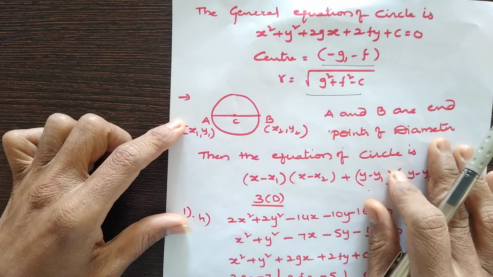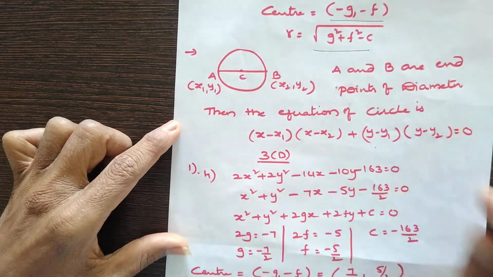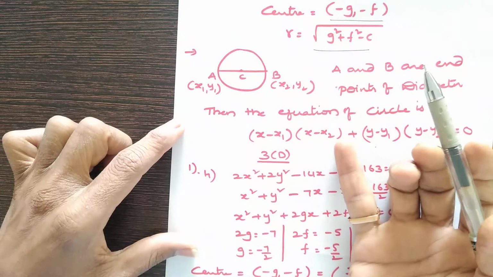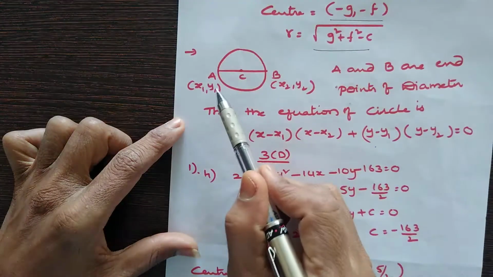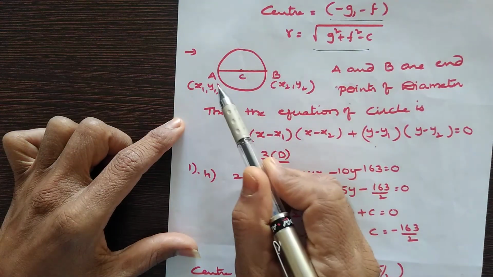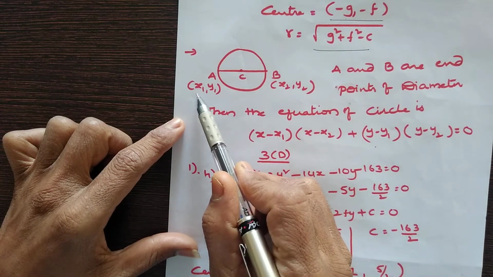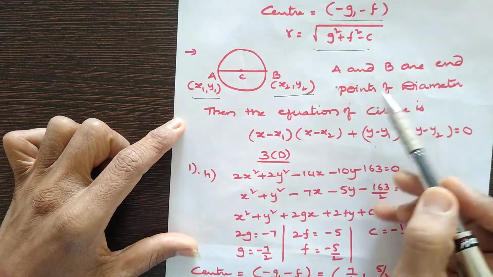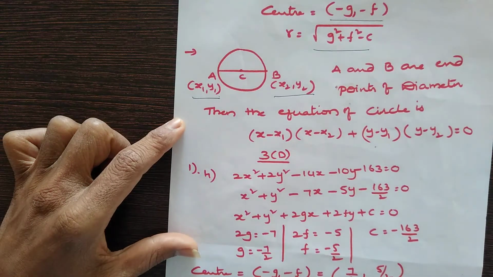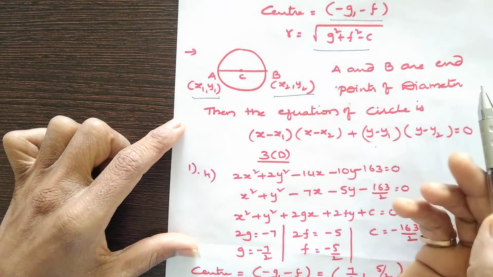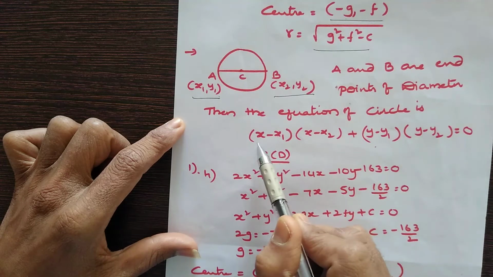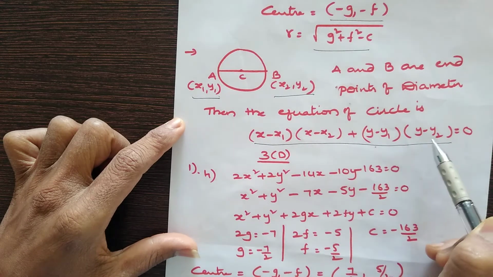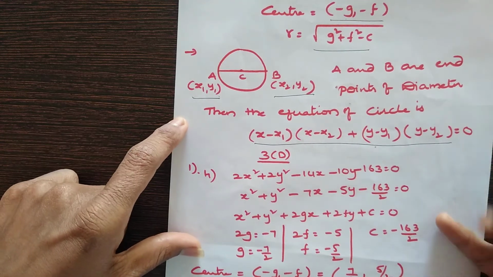Now one more concept. If AB is the diameter, which passes through the center of the circle, and the endpoints of the diameter are (x1, y1) and (x2, y2), then if you know the endpoints, we can find the equation of the circle: (x minus x1)(x minus x2) plus (y minus y1)(y minus y2) is equal to 0.